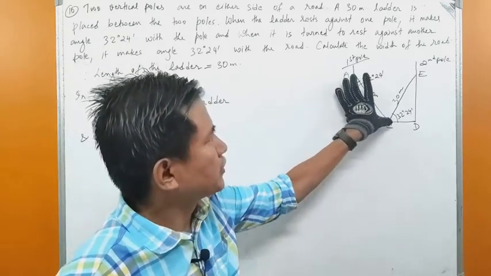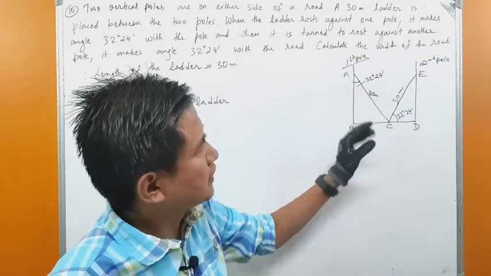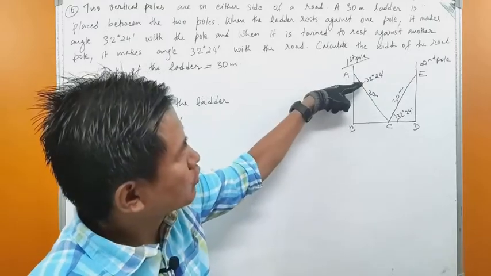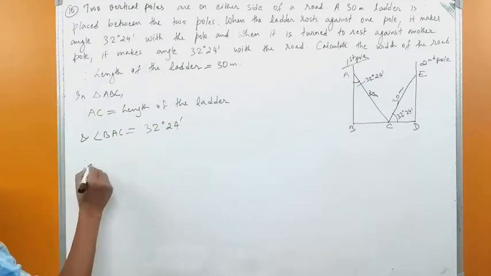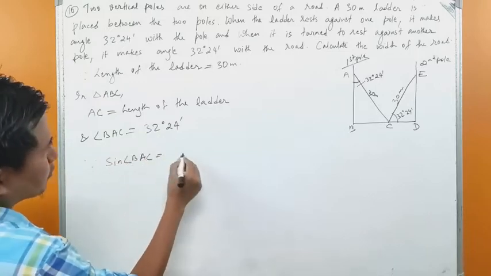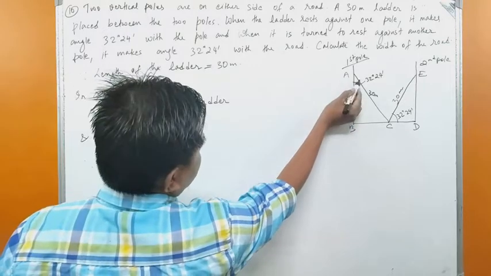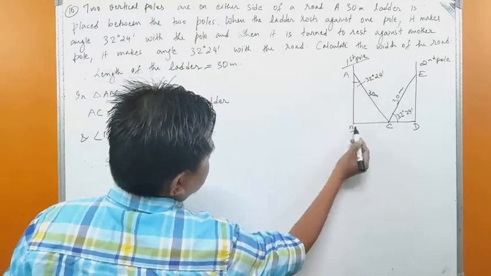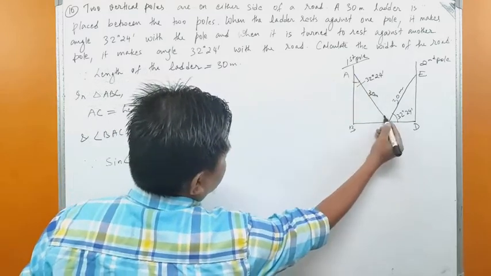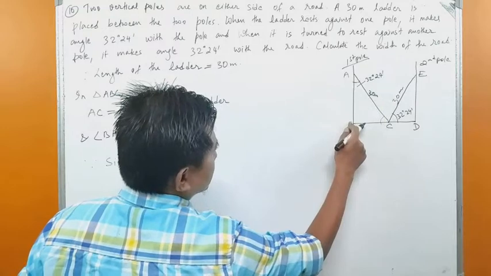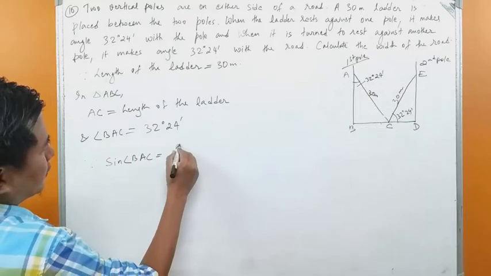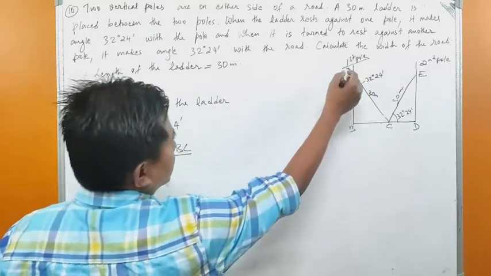The hypotenuse is known to us, AC is 30, and BC we are asked to find. So the angle is known to us, we apply sine theta. Sine of angle BAC equals perpendicular by hypotenuse. When we talk about this angle, the perpendicular becomes BC, so perpendicular BC by hypotenuse AC, isn't it?